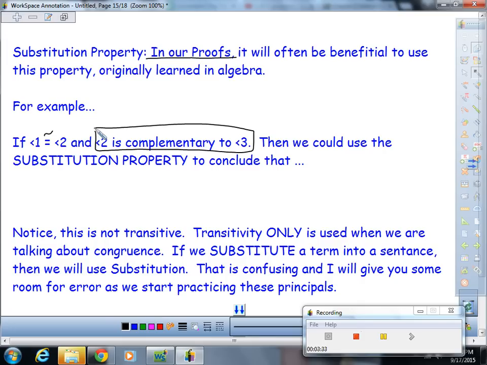If we substitute angle 1 in here for angle 2, due to the fact that they are congruent, then we could not use transitive, because transitive only is involved with congruence or equality. If we put something into a statement or a sentence, that is substitution. And that's virtually what I explained right there. So if you're confused, you might want to pause it or rewind it.